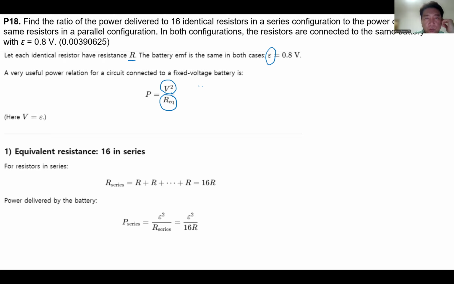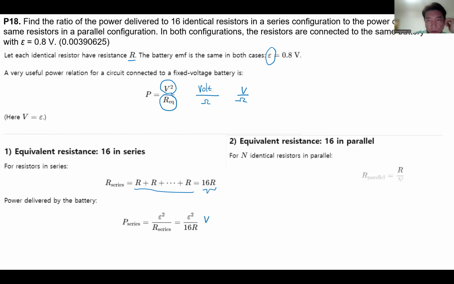But in this case, voltage should be in volts, and resistance should be in ohms. Okay, so equivalent resistance of 16 in series. We know that in series it is just a simple addition, so it is 16R. So in this case, power is given by this one.